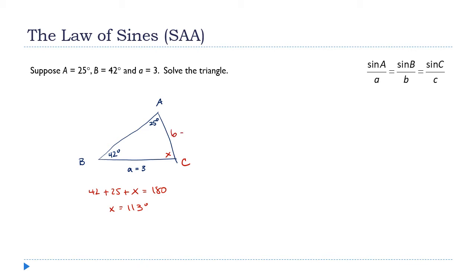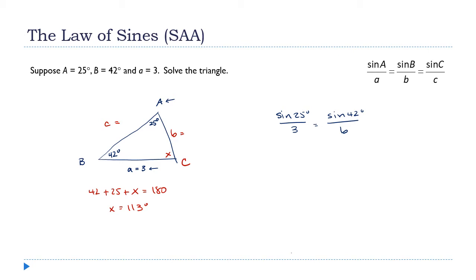Now I have to find the missing sides, B and C. Well, I'm going to use my law of sines, which I've got up here in the right-hand corner as a reminder. To use the law of sines, you always have to know one angle side pair. And I've got that here with A. I know angle A, and I know side A. So I'm going to do the sine of 25 degrees divided by 3 equals, and let's go for side B here, the sine of 42 degrees divided by B. And now I just need to solve this.